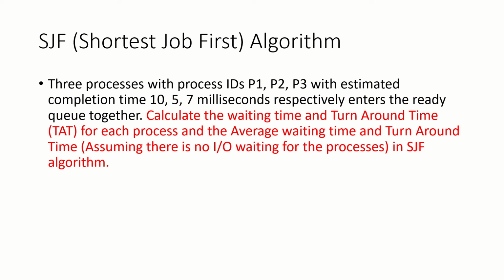Now which one do we consider at the beginning? That is P2, because its completion time is very less, 5 milliseconds. Next we'll go for P3, because it takes 7 milliseconds to complete. The last one is our P1 process, because it takes a large time, 10 milliseconds, for completion.